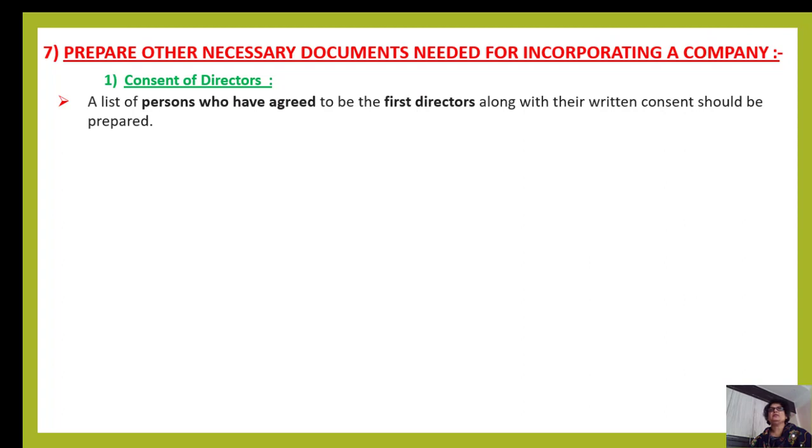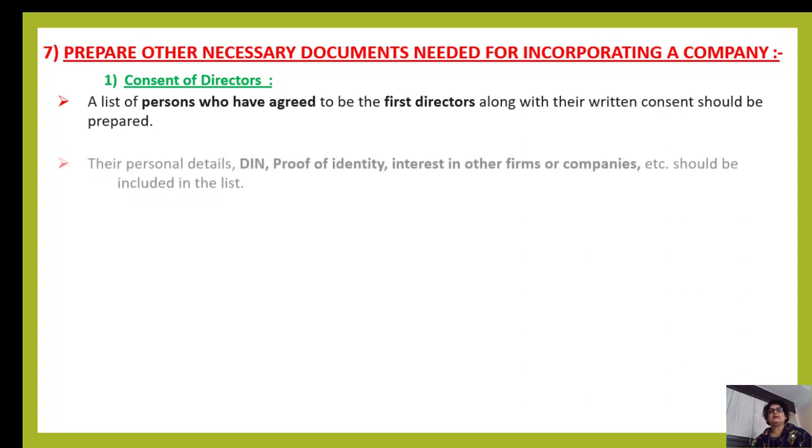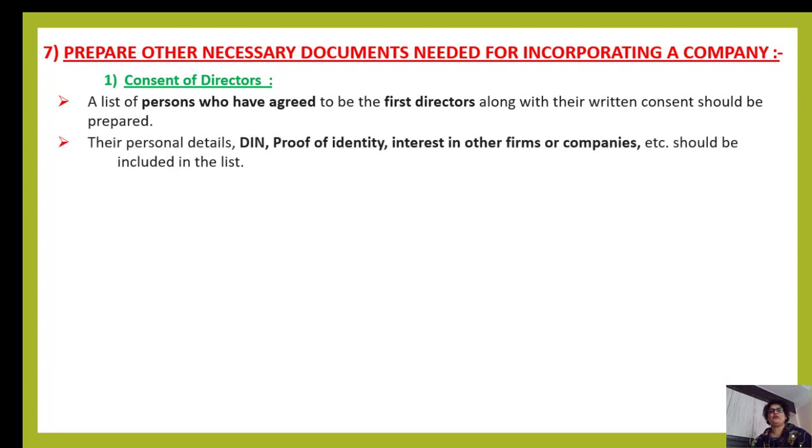In that list, those who are interested and agree to be the first directors can also fill up the form. Consent should be prepared, with their personal details. The DIN, the director identification number, is also given. Proof of identity may be given, the Aadhaar card, maybe a license xerox. So proof of identity is also important for that director.